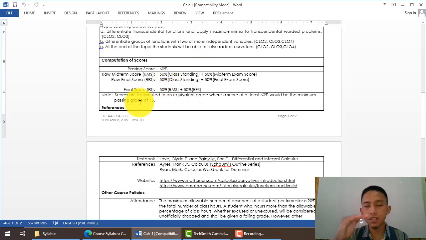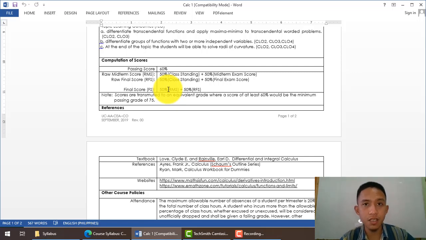Now again, let me just explain that your score is not your grade. What do you mean by that? Again, as I explained a while ago, your 60% is equivalent to 75 in your grade. Okay, so your score is not your grade. Your score is transmuted into a grade. Okay, but actually what matters here is your score, because if you will not get that 60%, you will not pass.